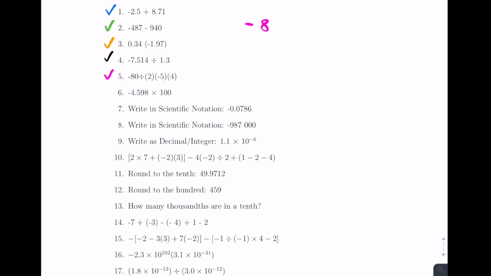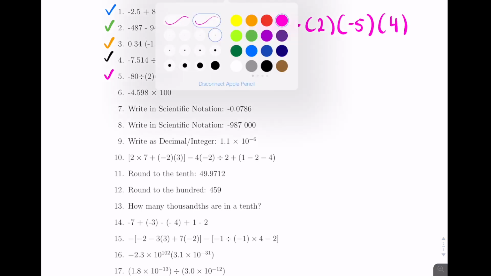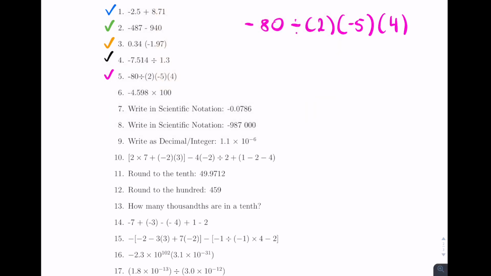We have negative 80 divided by 2, negative 5 and 4. Here you have to be a little bit careful. Notice there are no additions and subtractions. This is actually division by 2, and then this is multiplication, and then multiplication.